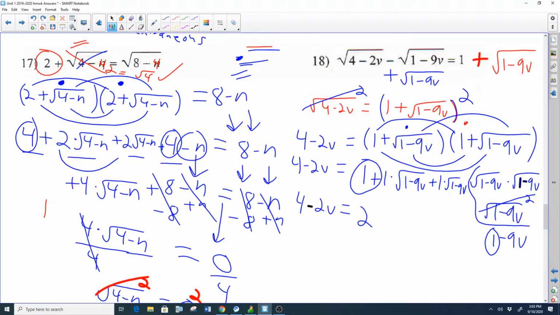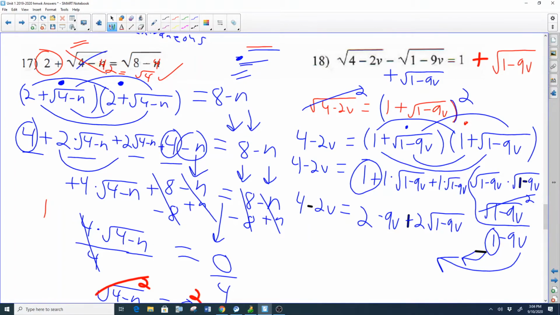Now I have the minus 9v. So those 2 are moved over there. Now we have a 1 radical 1 minus 9v plus another 1 times radical 1 minus 9v. And so that means we have 2 radical 1 minus 9v's.